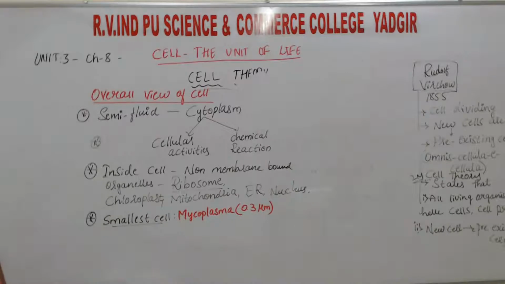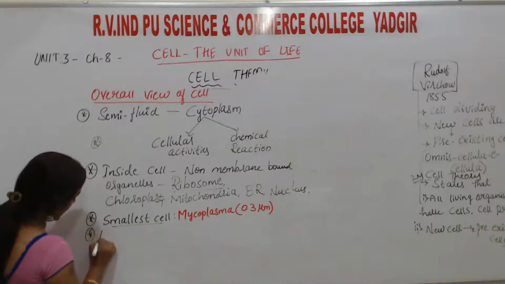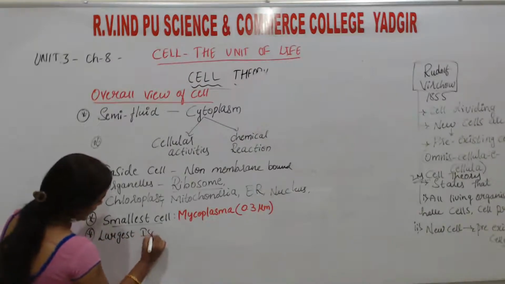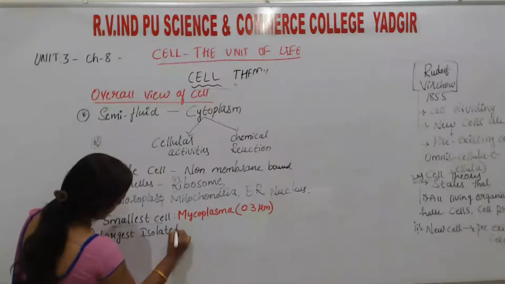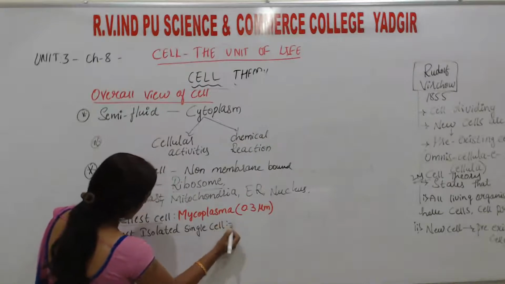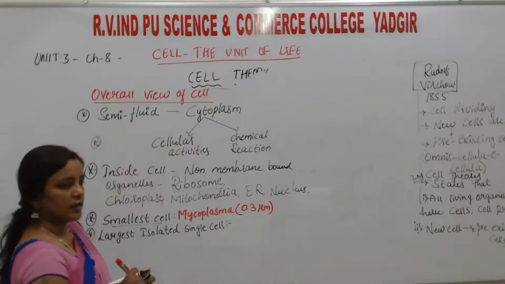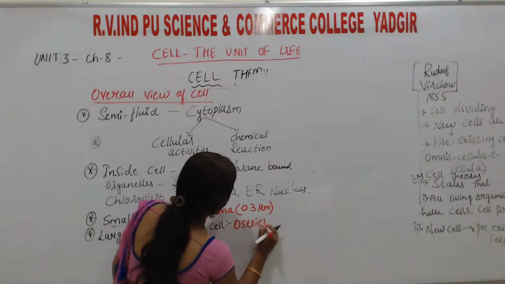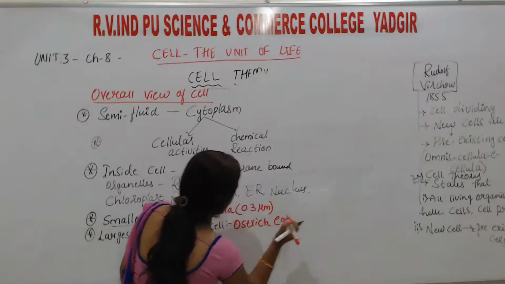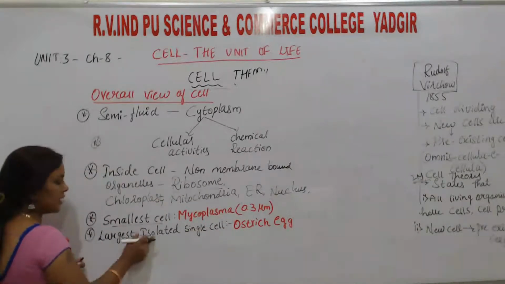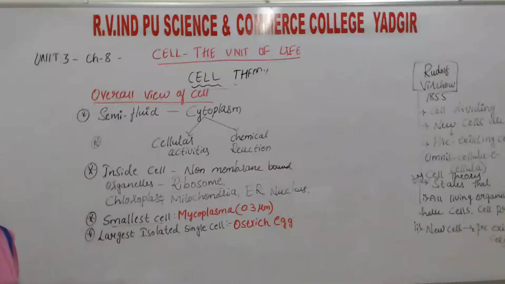If we take the largest isolated single cell, that is the ostrich egg. We consider the ostrich egg as the largest isolated single cell.